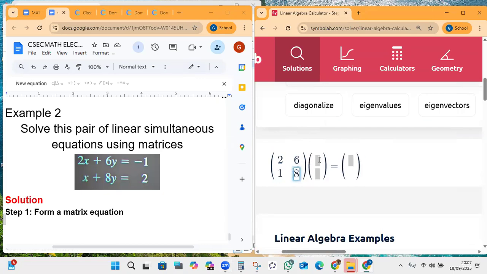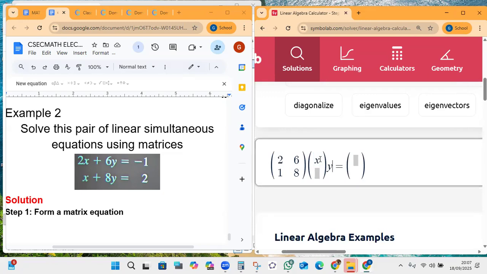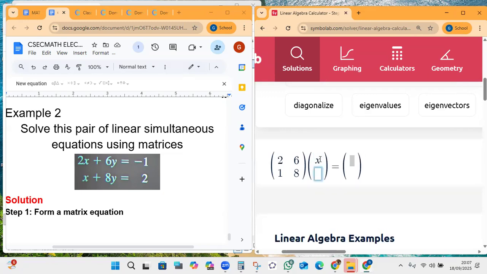Now we have to make a column matrix with the letters x and y. Equal, and then you have to make a column matrix with the constants. Here is our matrix equation.